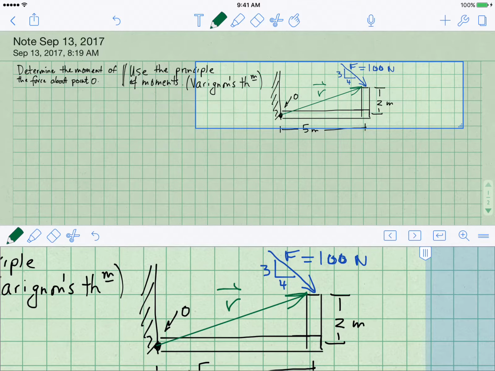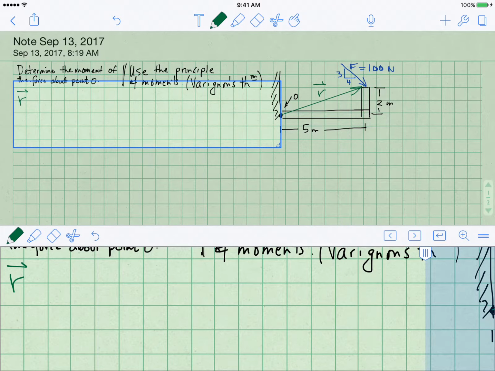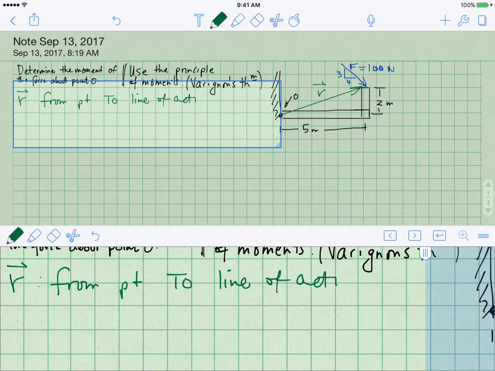And so always keep in mind that R goes from the point to the line of action of F. And I connected it directly with where F is hitting that beam, but you can extend that line of action in a few different ways that we'll see in a moment.